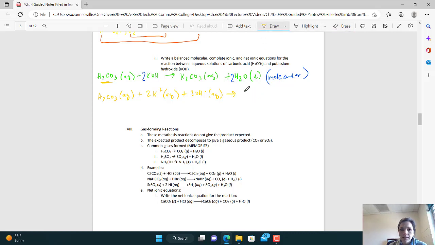Potassium carbonate is a strong electrolyte. Remember, anything with K plus will break apart. Okay, leave water together because he's a liquid, so that's the complete ionic.